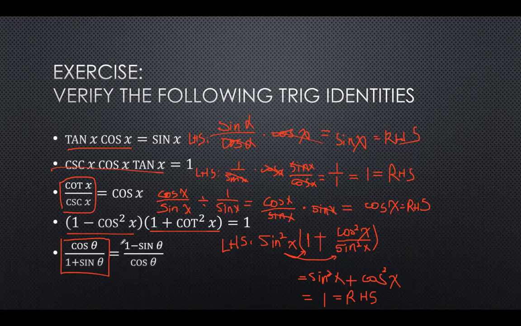So we want to identify the key feature here. The key is that there is a 1 minus sine theta in the numerator, so we want to have that in our goal. So what we do here is multiply 1 minus sine on both the numerator and denominator of the fraction and see what happens.